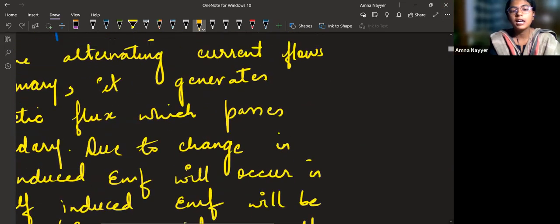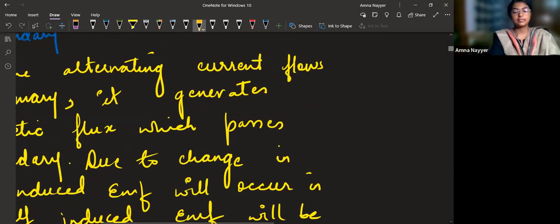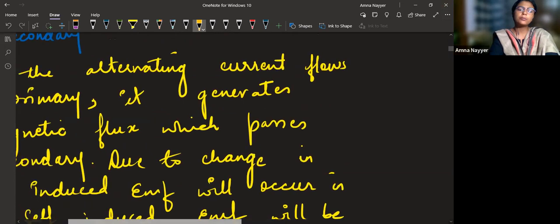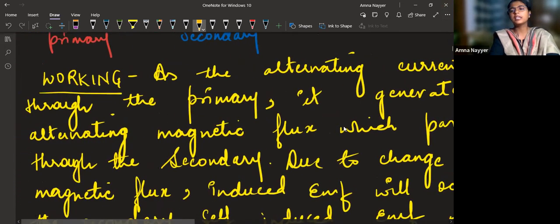All right. Now, yes, see, class. Rest of the things, for mutual induction, this is the same. Working is what? Working is the mutual induction only. Working of a transformer will be what? Definitely, it will be the working of alternating currents, mutual induction.